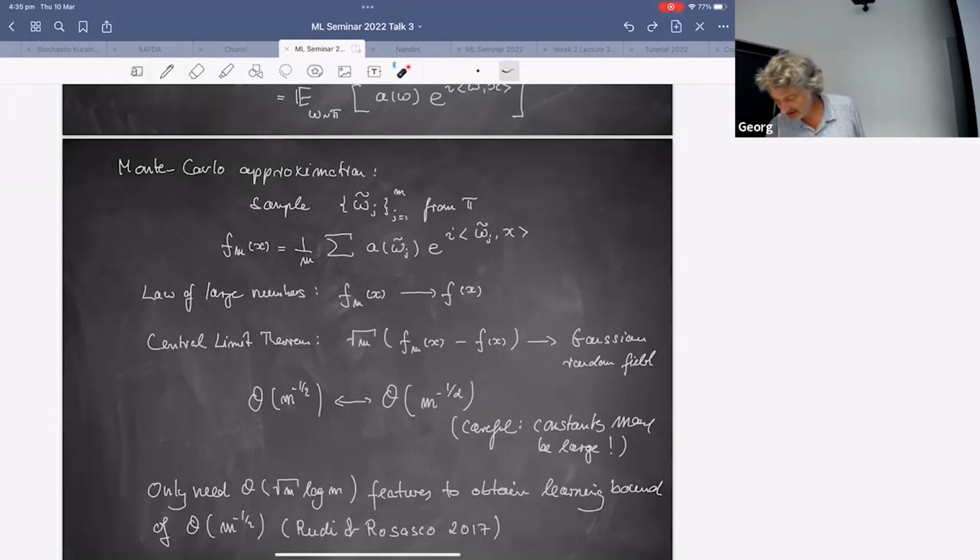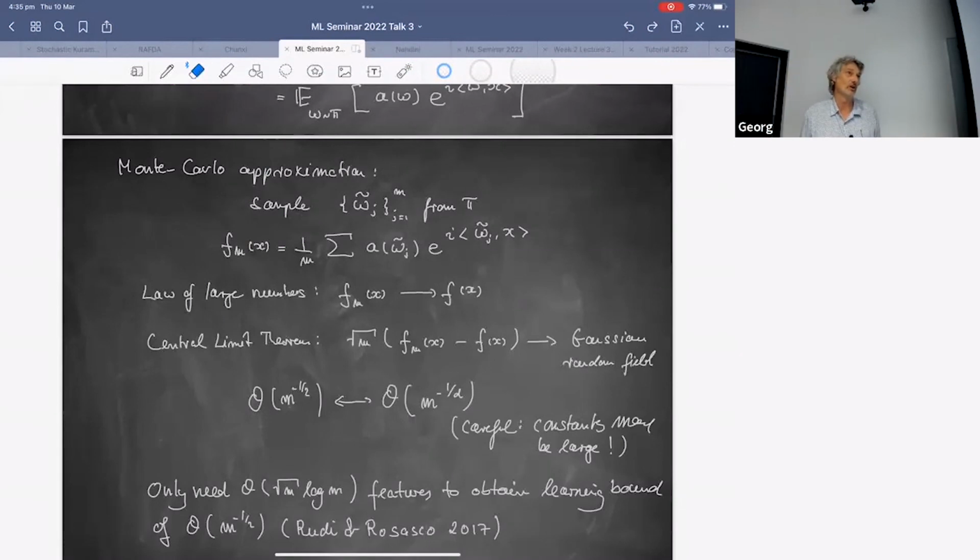And from the central limit theorem, we know that this object here, the fluctuation, the difference between the two, is just a Gaussian random field. That scales with 1 over the square root of the number of degrees of freedom that I have. So by randomly drawing the Fourier modes, we get a much better convergence.